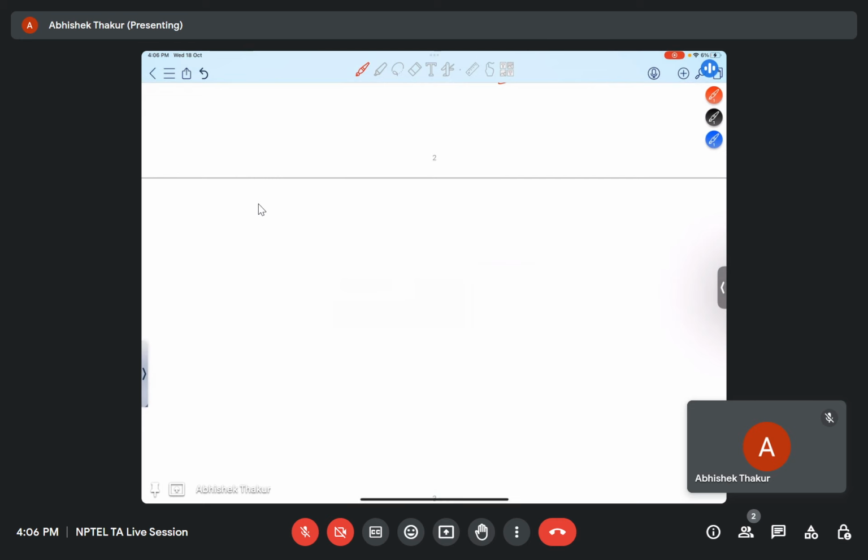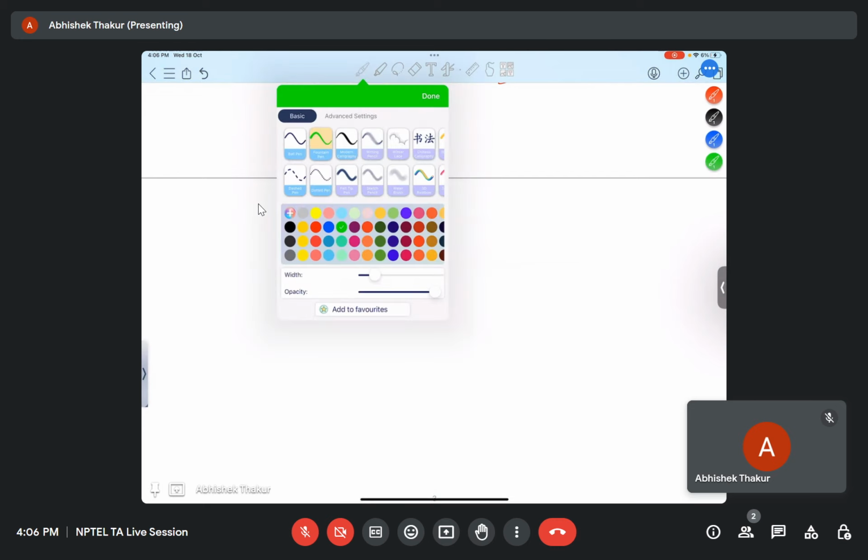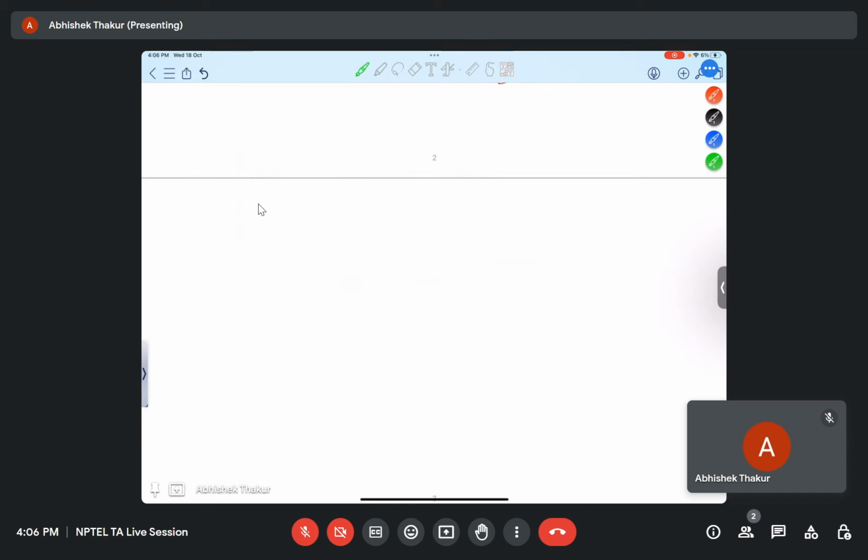Let's suppose there is a coordinate axis which has F1 as one axis, F2 and F3. And this is another coordinate axis, M1, M2 and M3.